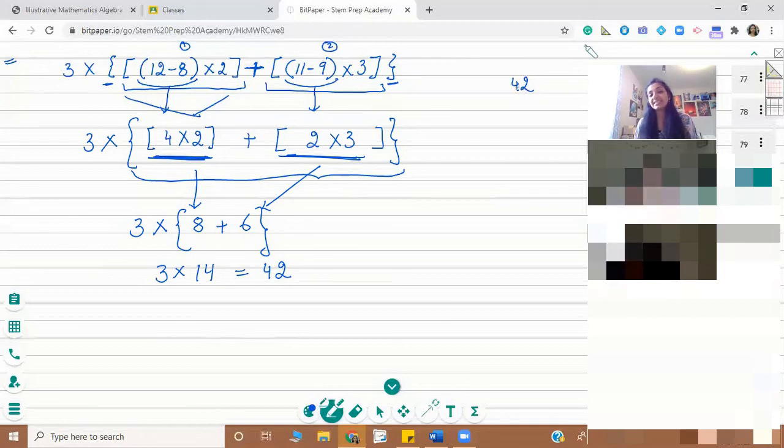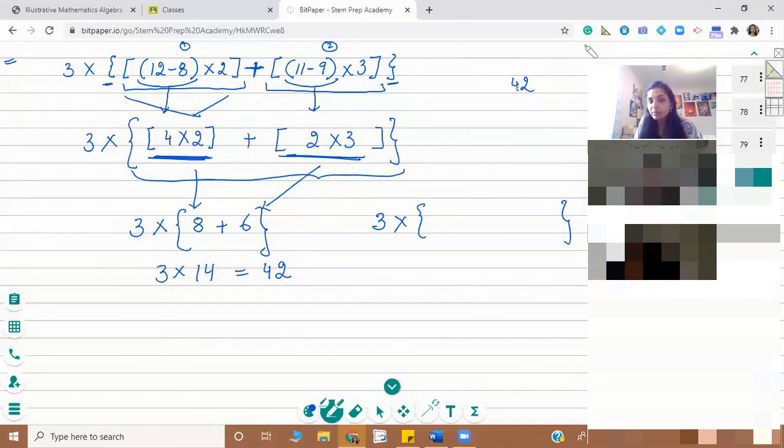This is the way it is done, beta, because you have to remember one thing, that you have to deal with the innermost bracket first. Which is the innermost? Let me just write down this question again. See, this is the outermost, right?